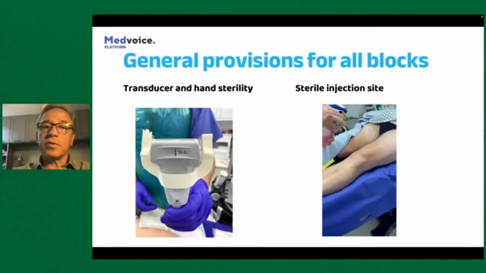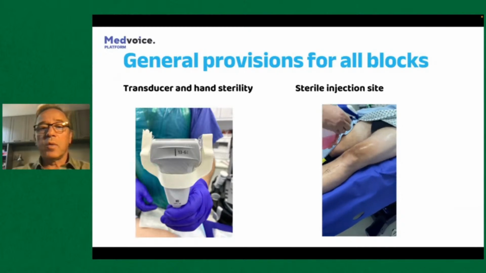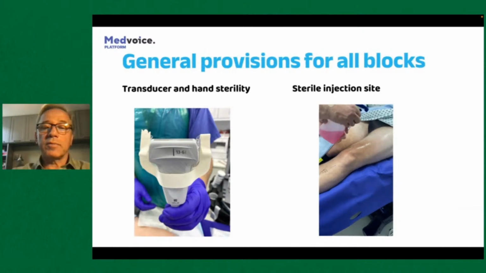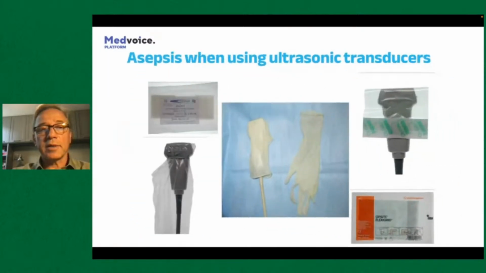General provisions for all the blocks: you need hand sterility and a sterile injection site. We use a solution of chlorhexidine. Asepsis could be achieved in different ways. There are special devices, or you can just use a glove, or Opsite or other sterile dressings on the actual probe.